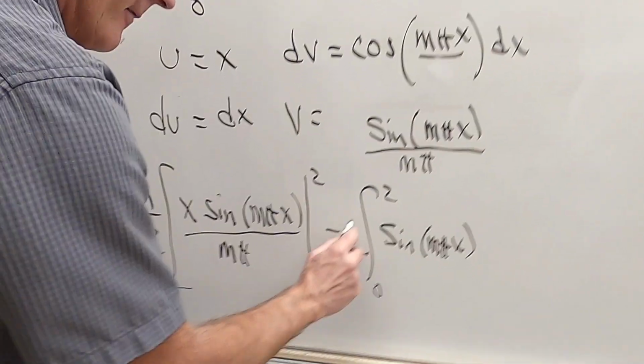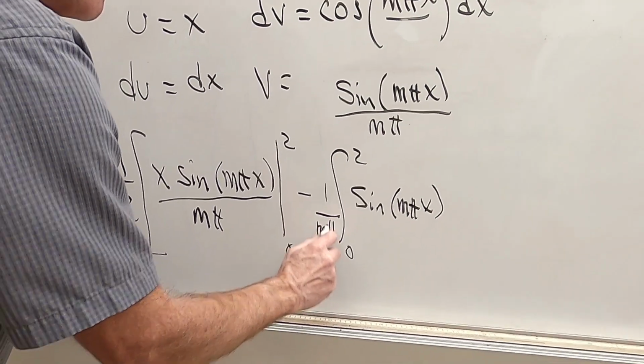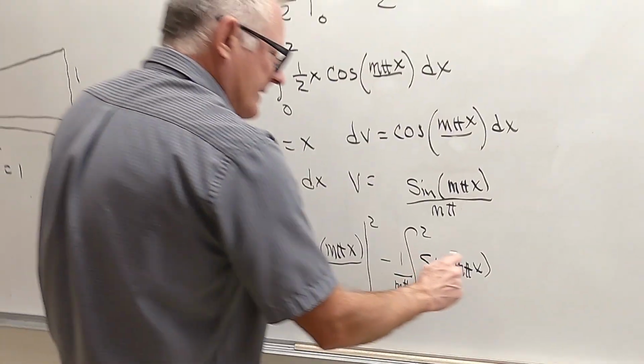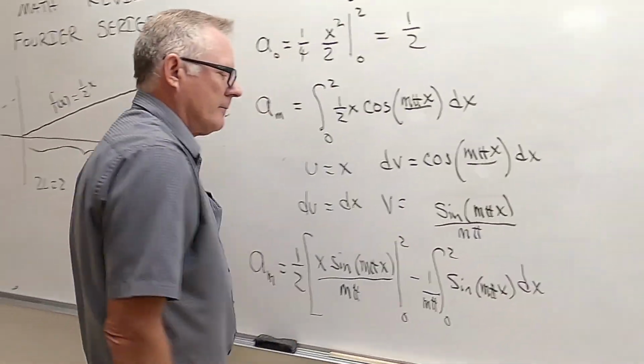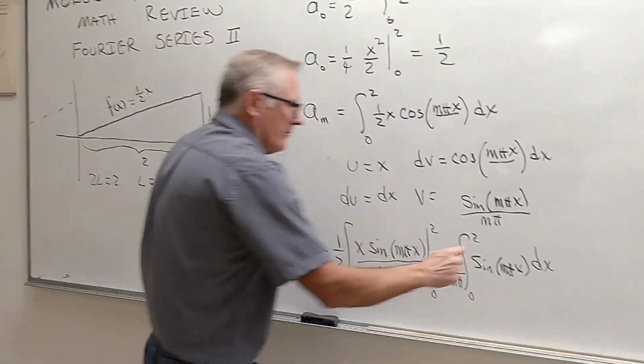I guess I can bring that out in front, 1 over m pi, du, which is dx. Close that off.